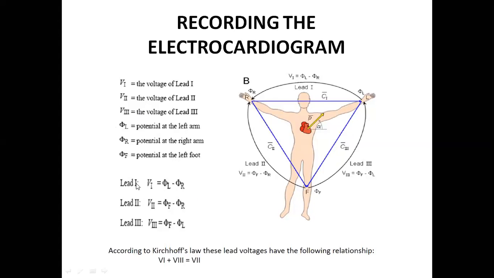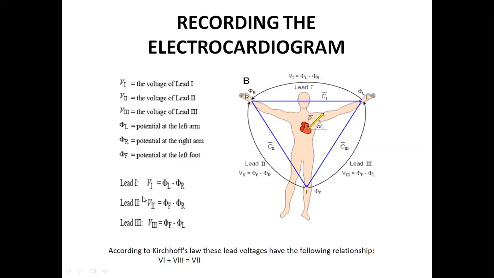As discussed in the earlier slide, lead 1, that is V1, is the difference between the potential of the left arm and the potential of the right arm.